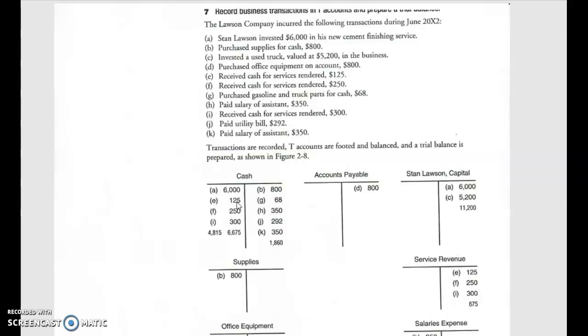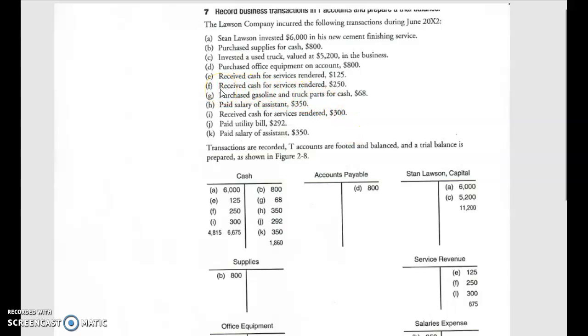So services rendered is our service revenue. So revenue has a normal credit balance. So to increase it, we will credit it $125. And you notice here is our transaction letter, so we can match it to the other one if we need to look back on it.